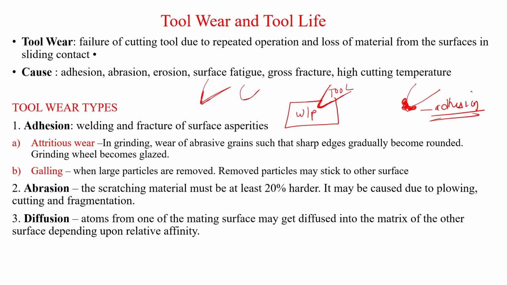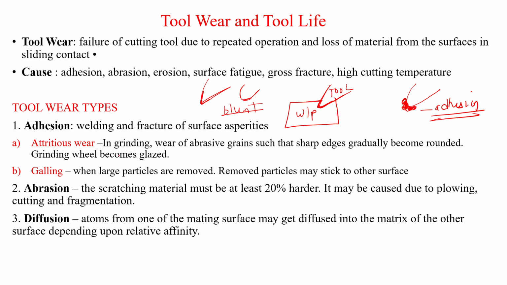It is very sharp and it has become round now. So this is a kind of wear. Because of this roundness, the tool will become blunt, and then proper cutting will not take place. Your output will decrease. It is called adhesive wear.